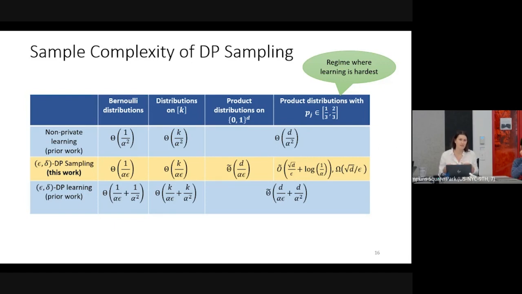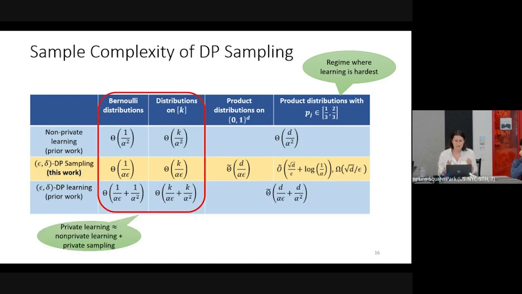So it's actually even easier than non-private learning. Okay, and you'll note here that for Bernoullis and distributions on k items we have this pattern that the complexity of private learning is equal to the complexity of non-private learning plus the complexity of private sampling. So it would be interesting to study this phenomenon more in detail, perhaps.